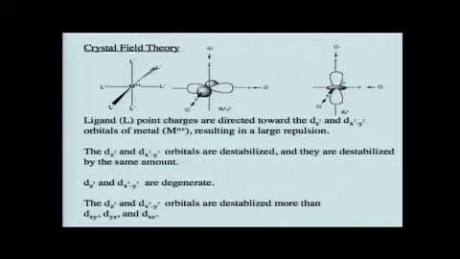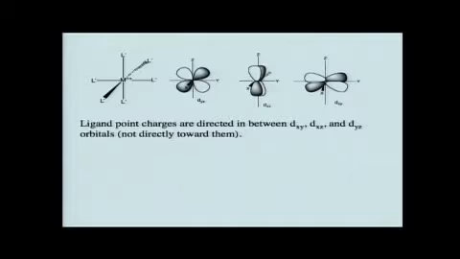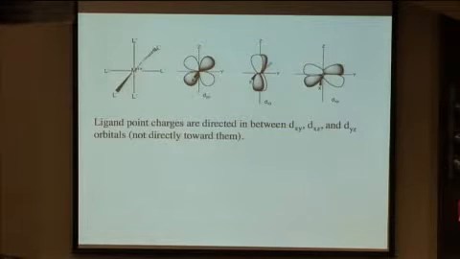And let's consider now why that is true. So here are our other sets of orbitals, and remember, here the maximum amplitude of these orbitals is 45 degrees off axis, whereas our ligands are all on axis. So the ligand negative charges are directed in between these orbitals, not directly toward them.